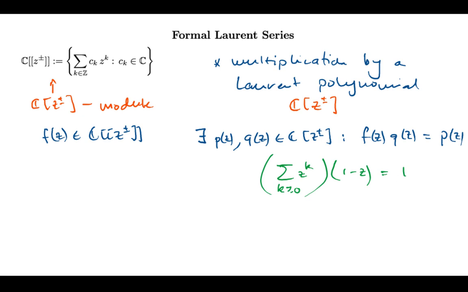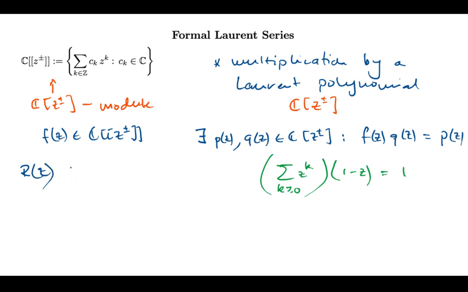And so what I'm describing over here is a subset of all formal Laurent series for which a process like this works. We can find two Laurent polynomials p and q in this fashion. So this is certainly not true for all formal Laurent series, but there are some, like this geometric series. So let's define the subset, maybe let's call it R(z).